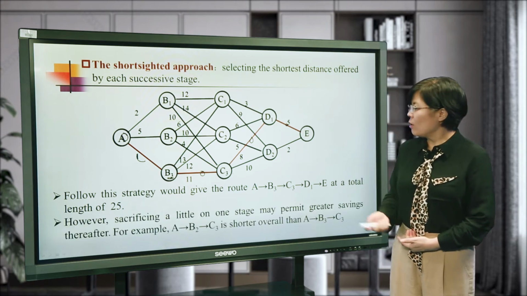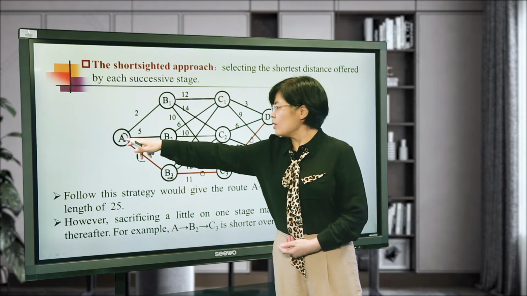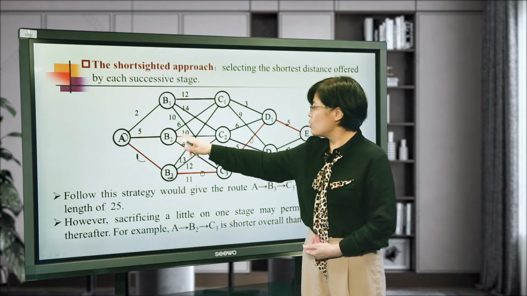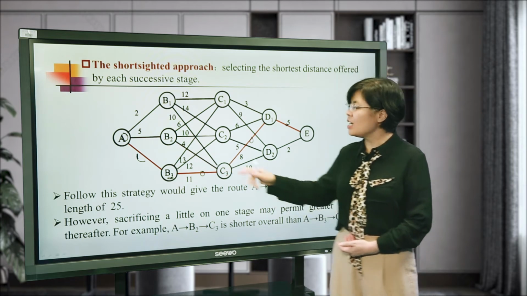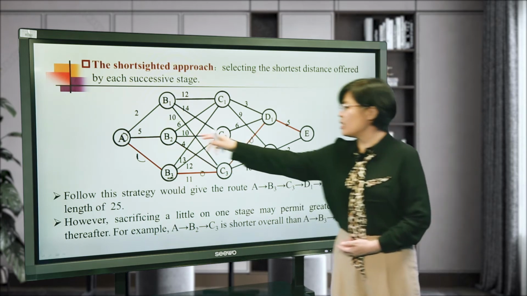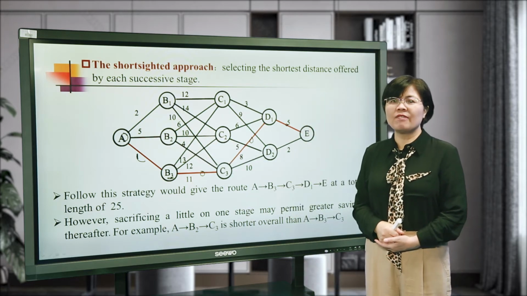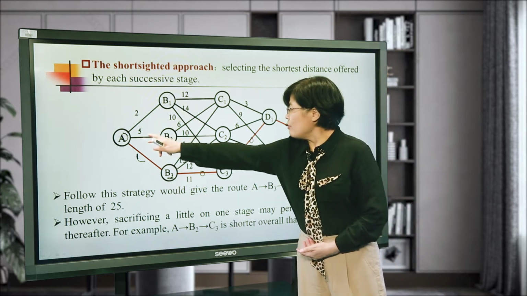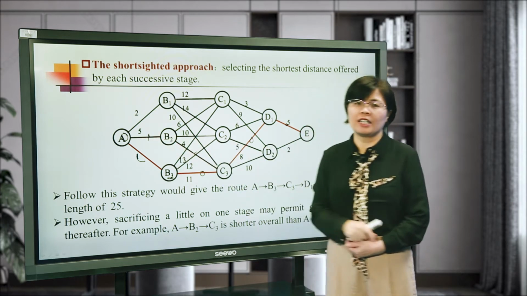However, we can see that if we choose this path to B2, then to C3, sacrificing a little on the first stage may permit greater savings later. 5 plus 4 is 9.